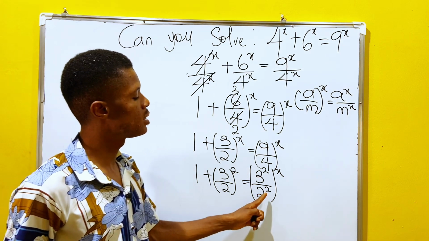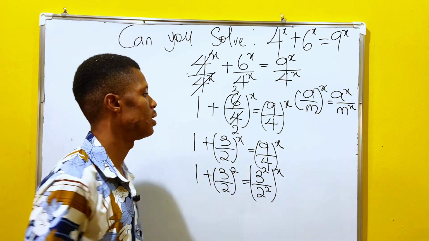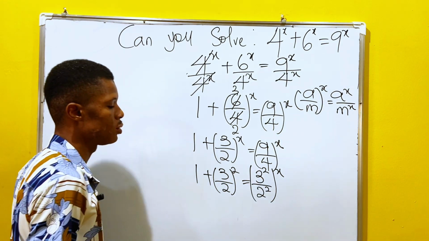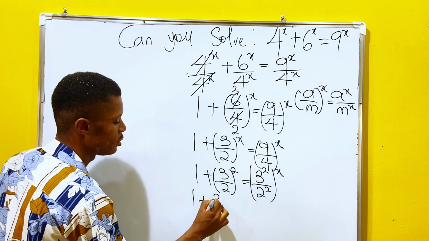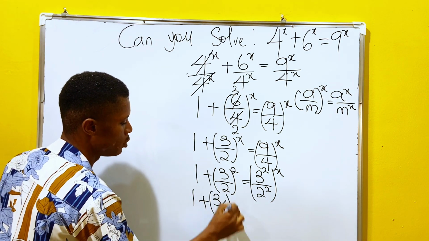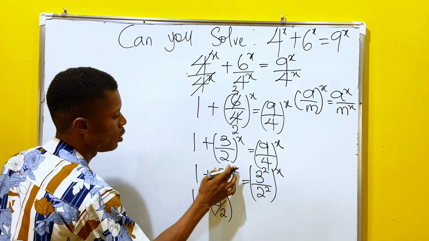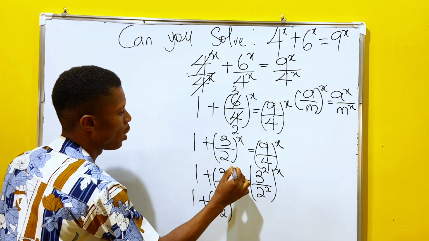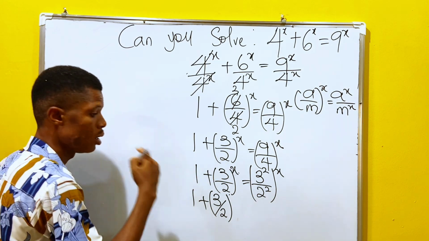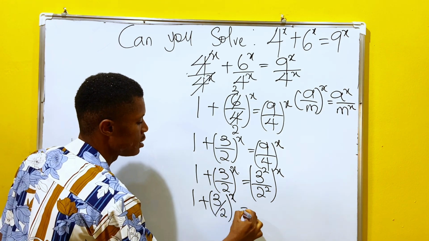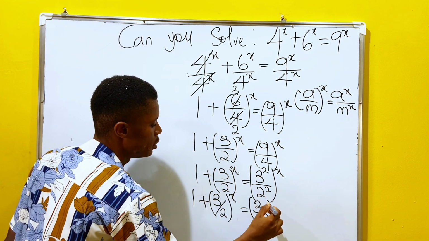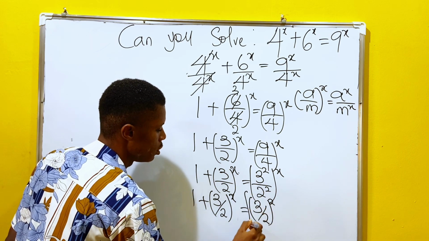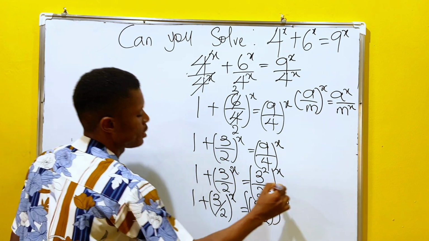Then we also notice that 2 is common in 2 of them. We can now rewrite this to be 1 plus 3 over 2 to the power of x is equal to 3 over 2, then raised to power 2, raised to power x.